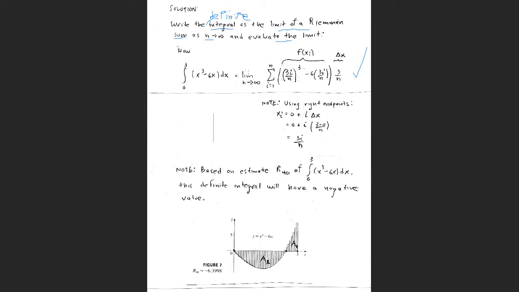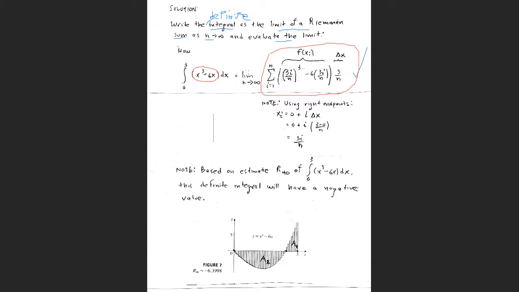So the function, of course, is x cubed minus 6x. And in the Riemann sum, we have the sum as i goes from 1 to n of, well, what we're doing is adding up the areas of rectangles.